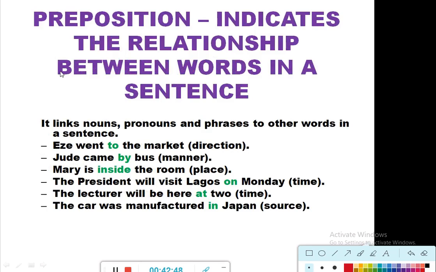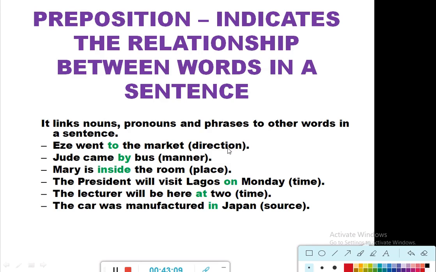Our next part of speech is preposition. A preposition indicates the relationship between words in a sentence. It links nouns, pronouns, and phrases to other words in a sentence. For example, Eze went to the market.